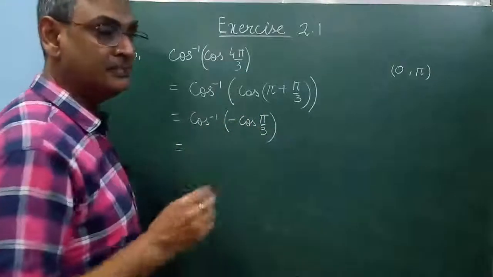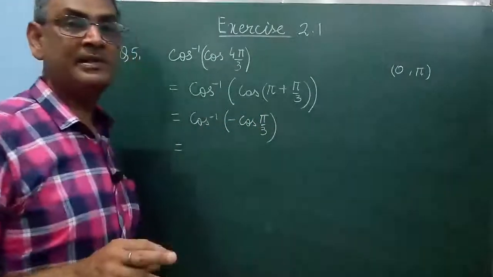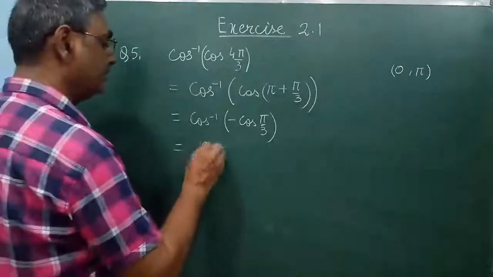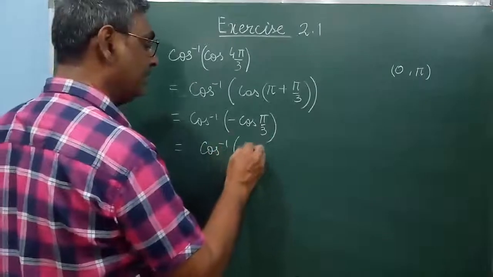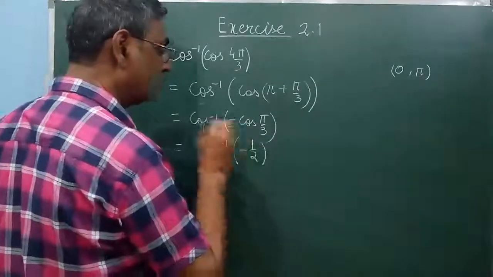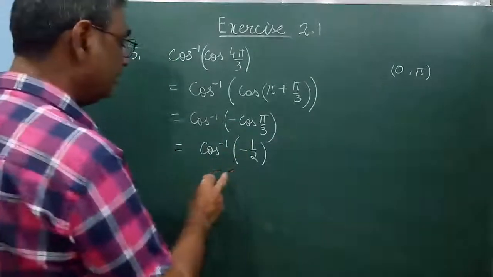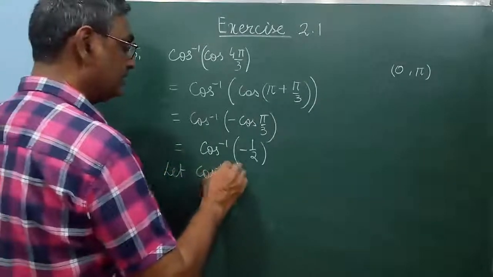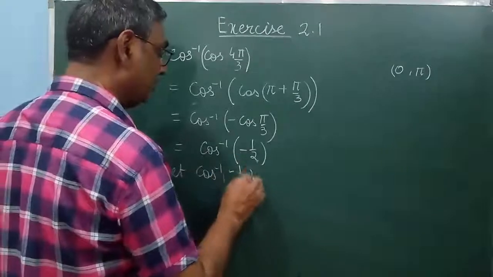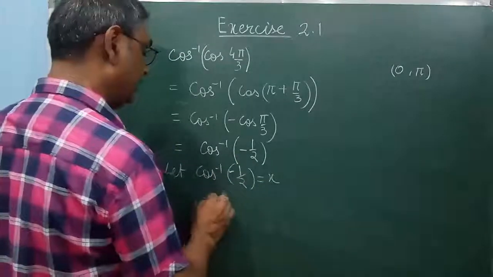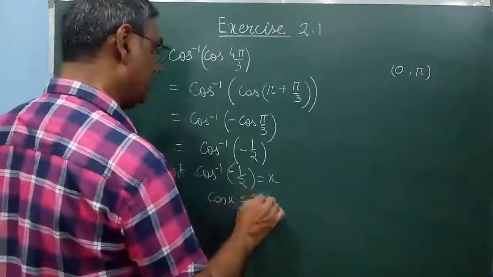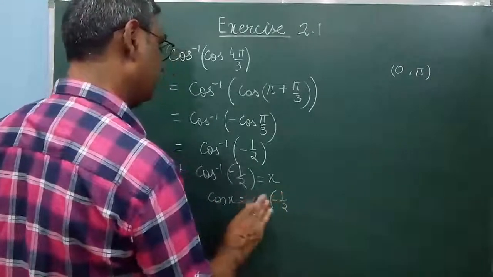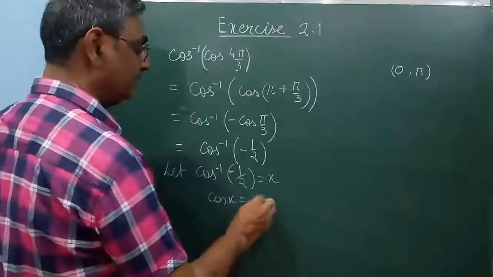And what is cos pi by 3? Cos pi by 3 means cos 60. Cos 60 is how much? Minus 1 by 2. Now let cos inverse minus 1 by 2 equal to x, cos x equal to minus 1 by 2.